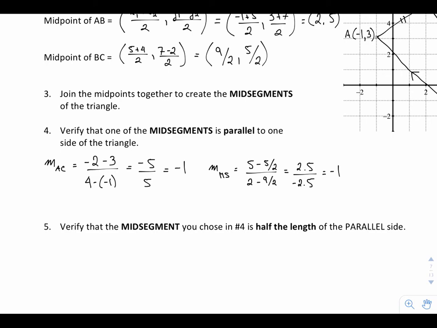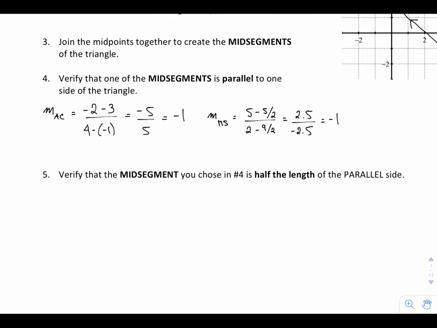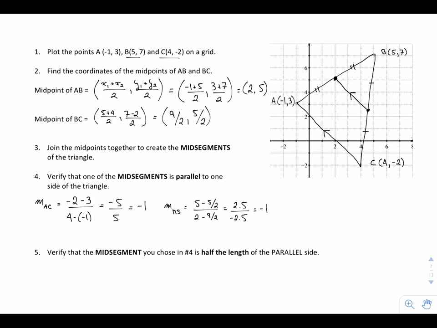So that's good news. The last part is I want to show that the mid-segment, this one here, is half the length of the parallel side. So how am I going to do that?